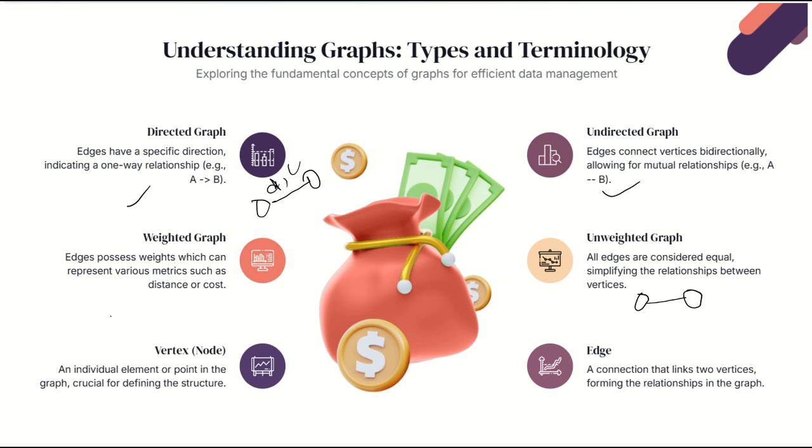A vertex is the element or point in the graph that is crucial for defining a structure. An edge is the link present between different vertices. So this is an edge, this is a vertex, this is a vertex.